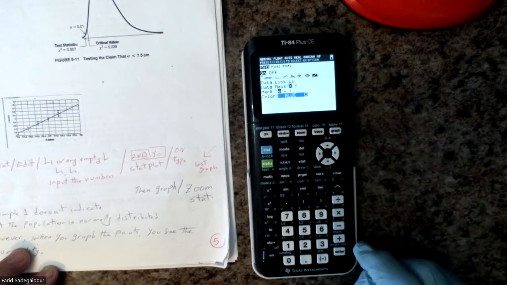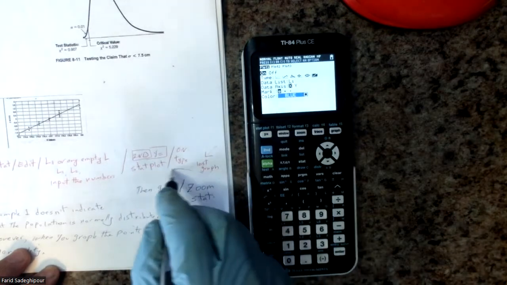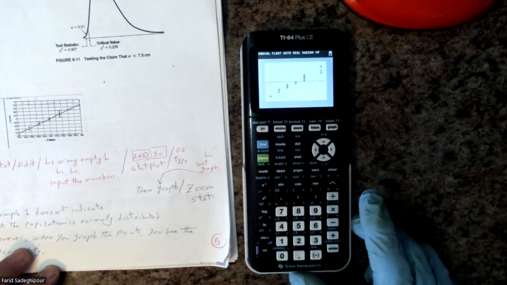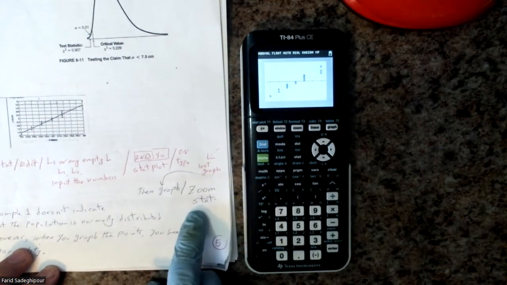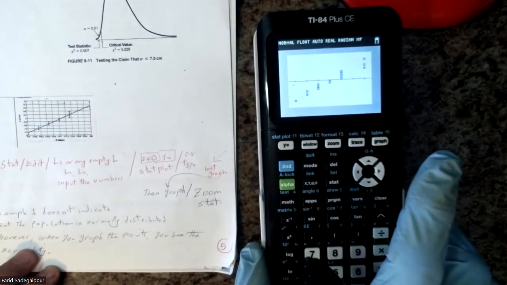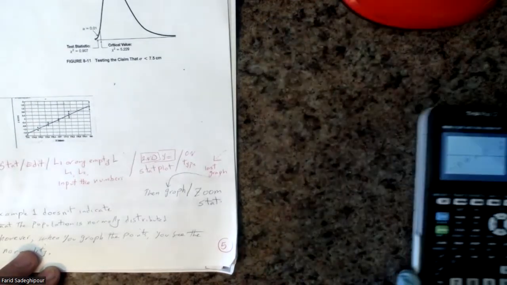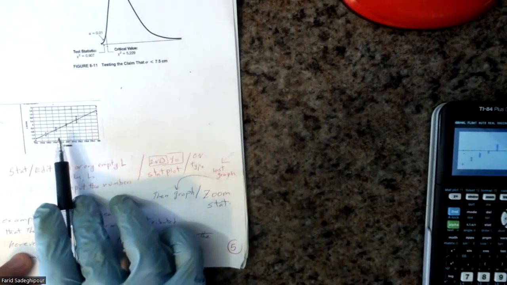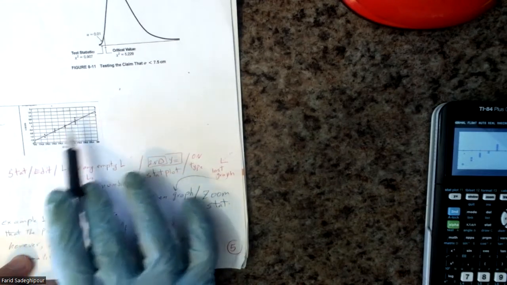Now go ahead and graph. If it's not clear, you could use zoom stat. You see that here the numbers are almost on a straight line. So in that case, we conclude that all the numbers are coming from a normally distributed population.